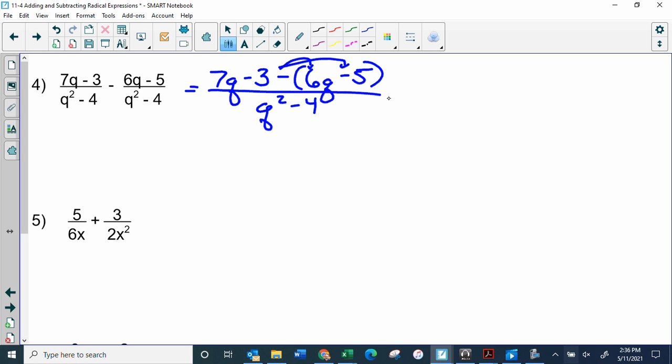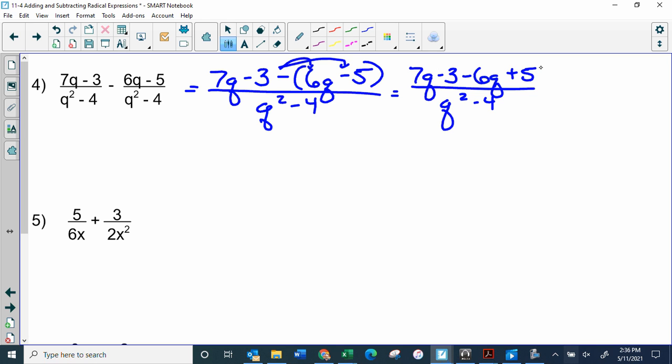So when I distribute that in there, I end up with 7q minus 3 minus 6q plus 5. This minus coming in with that minus makes a plus 5. And this is all over q squared minus 4.